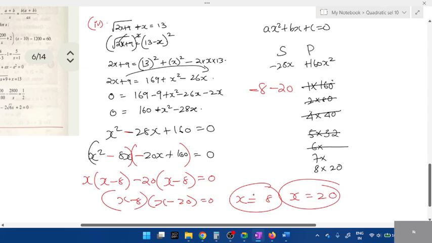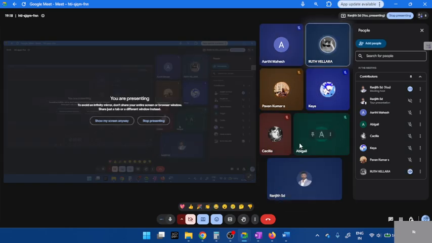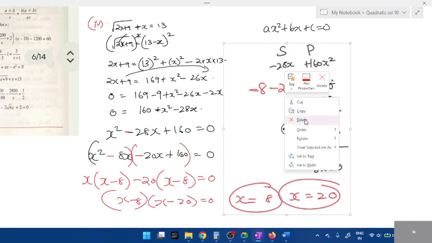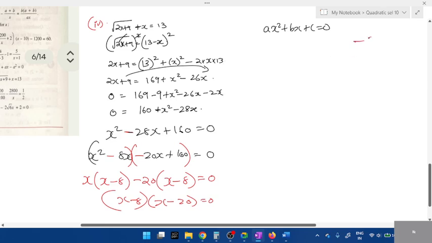Is it correct? Okay, we got 8 and 20. All of you completed? Completed, right? Cecilia done? Malavika, Cecilia? Okay, now we got 8 and 20, students. We got the values minus 8 and minus 20.